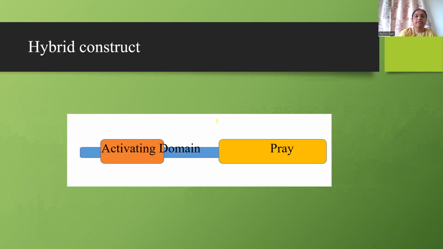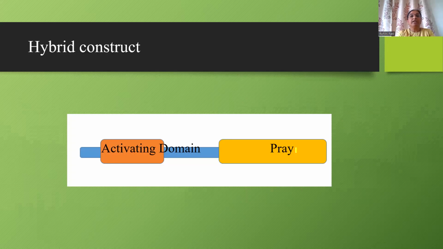The next one is a hybrid construct consisting of the activating domain of an activator, and here it is a prey. Prey means what? The protein which has to be analyzed, the protein which is going to interact with a particular protein. Like the one is the omega, and the second one is the alpha.